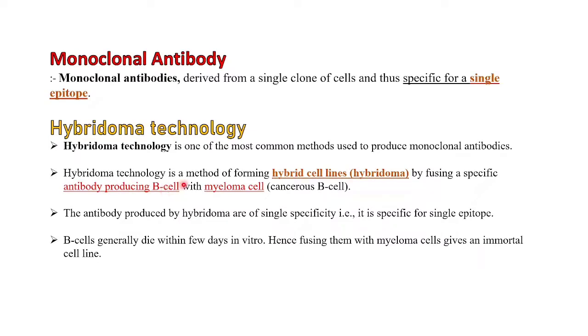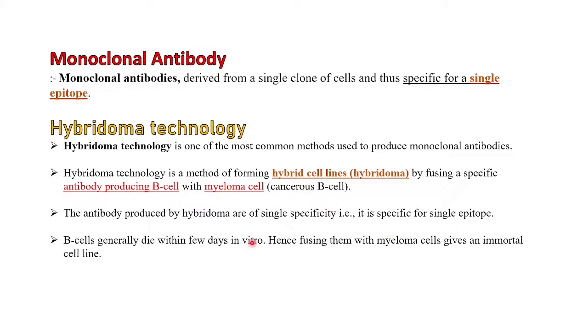Hybridoma technology is a method of forming hybrid cell lines, which we call hybridoma, by fusing a specific antibody-producing B cell with a myeloma cell, which is a cancerous B cell. The antibody produced by hybridoma is of single specificity, that is, it is specific for a single epitope, only for the antigen of interest.